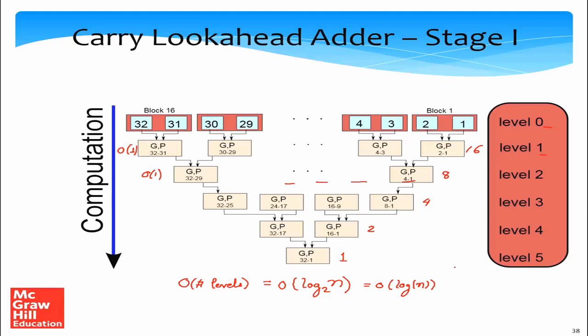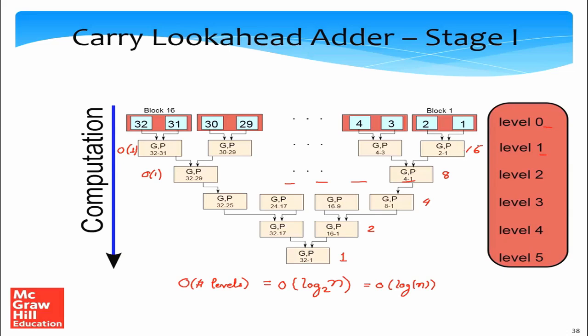So essentially computing this part, the GNP functions for blocks of bits, starting from consecutive bit pairs to 1 to 4, then 5 to 8, 9 to 12, 13 to 16 and so on, and then blocks of 8, blocks of 16 and the entire block of 32 will essentially take order log n time, because for each level we do a constant amount of work, right?